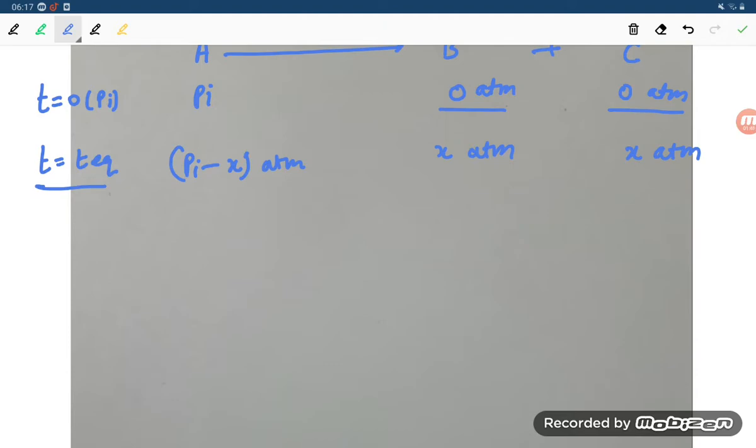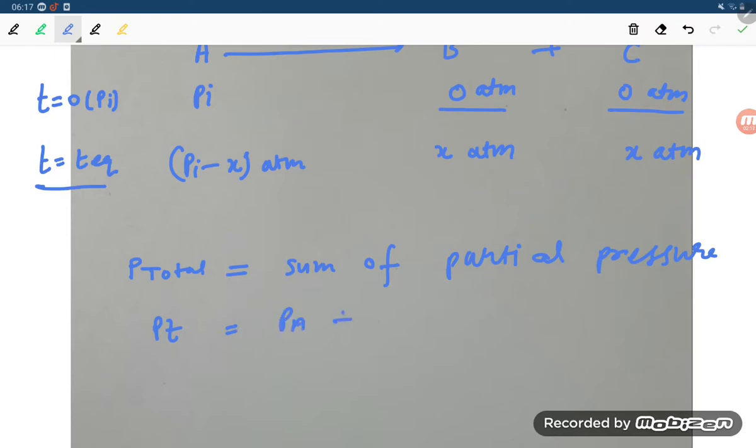Now I am calculating P total. According to Dalton's law of partial pressure, total pressure is equal to the sum of partial pressures. That is, P total is equal to PA plus PB plus PC.